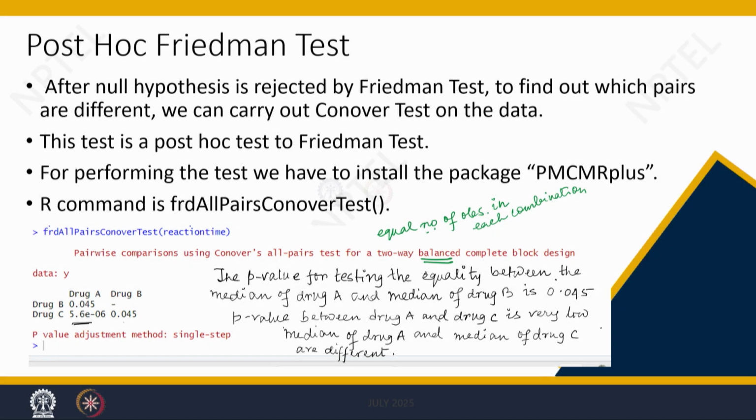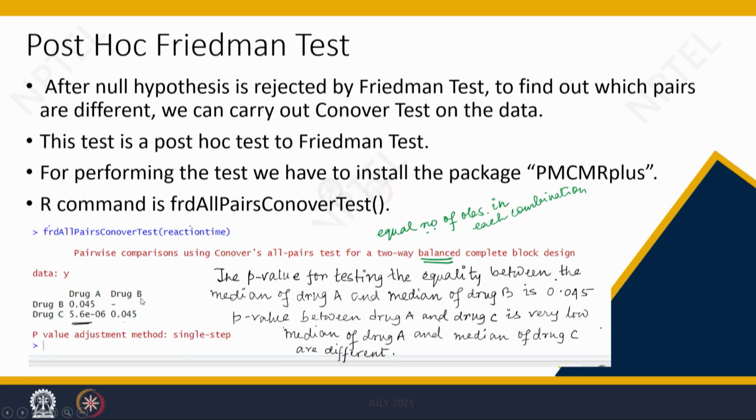So these are the P values. As you can see, the P value for testing the equality of median between drug A and drug B turns out to be 0.045. The P value for testing the median between drug A and drug C is 5.6 times 10 to the power minus 6.